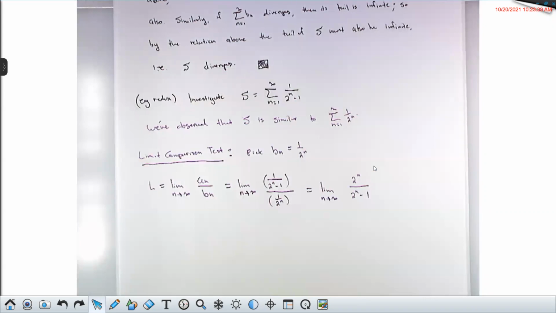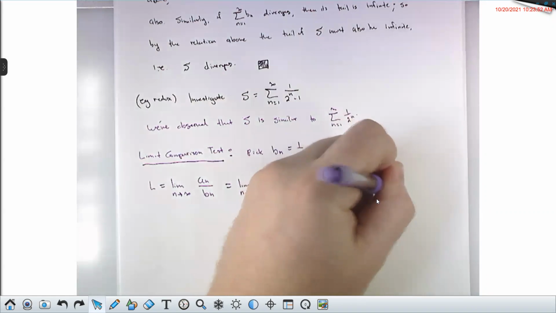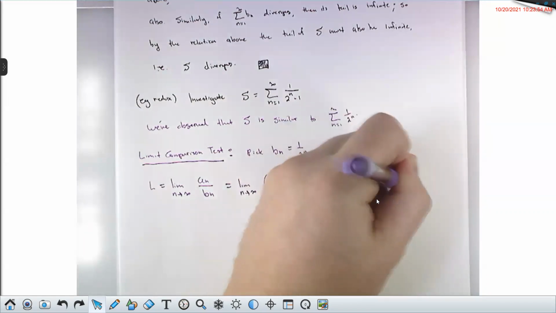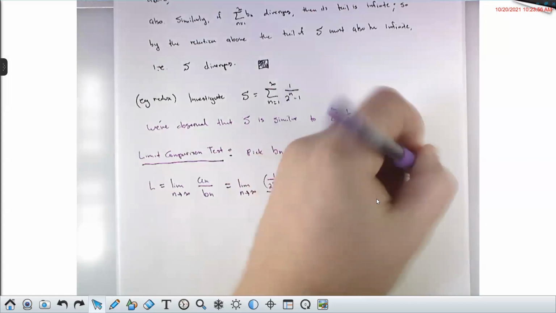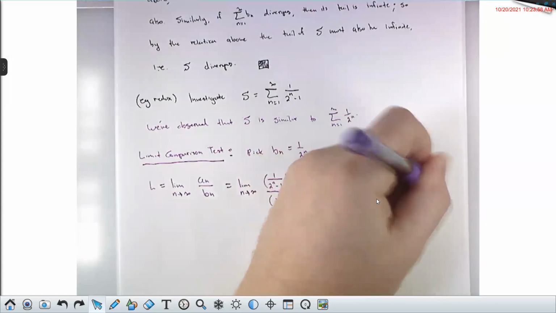And there's a number of ways you could take this limit. Both the top and the bottom are going to infinity, so you could use L'Hopital's rule. This is an indeterminate ratio.